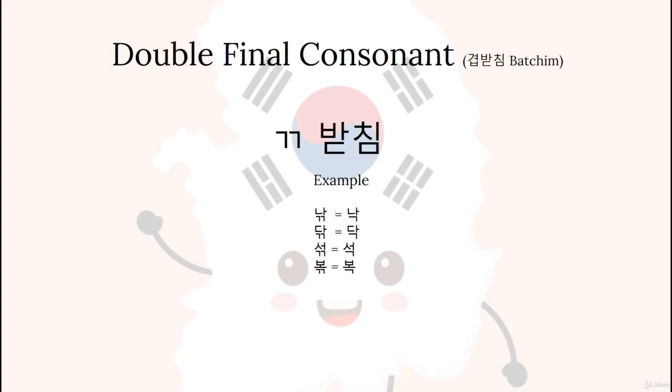So for example, as you can see here, there's the basic consonant, the vowel, and the final consonant underneath has the double consonant, which is the 쌍기역, the double 기역. So this is pronounced as 낙, 낙, 낙. Let me write it down. I'm sure you are now used to the strokes because we have done it many times. Just like that. 낙.